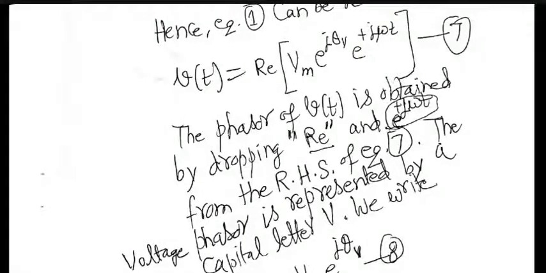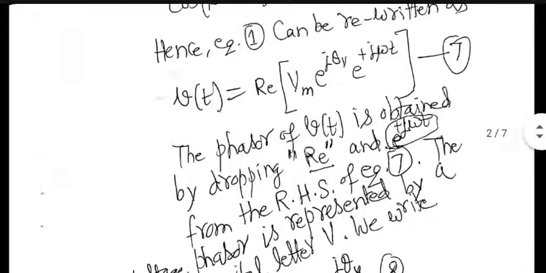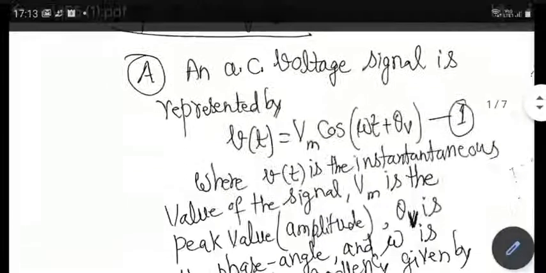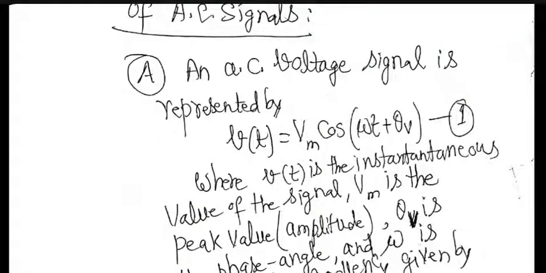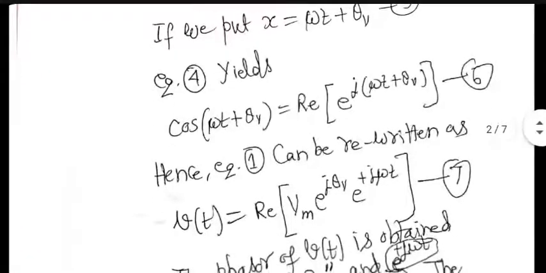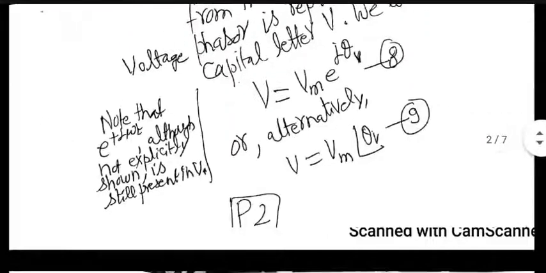The remaining term on the right hand side of equation 7 is the phasor of small v. That means Vm e to the power j theta v is the phasor for small v given by equation 1. Take the amplitude and take the phase angle and put e to the power j theta v. This is how phasors are defined for time varying periodic signals.